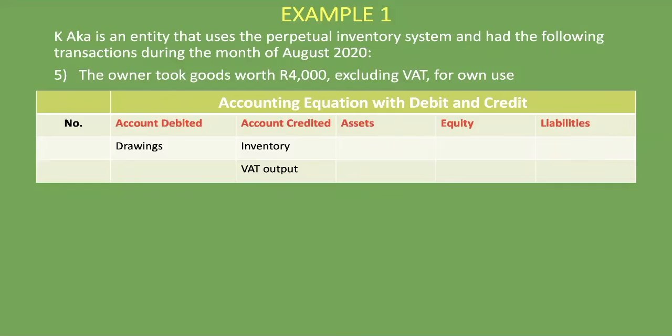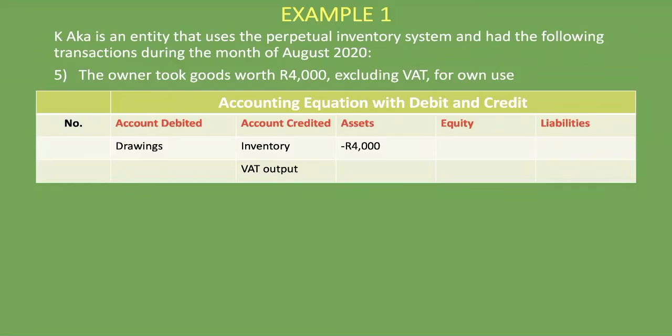So what are the amounts here? Well, remember, the amount for the inventory has to exclude VAT, and we're told that the owner took goods worth 4,000 rand, excluding VAT for own use. So we put the 4,000 rand as a negative on the asset side because it's decreasing our inventory. And then on the equity section for drawings, we have to put the amount including the VAT. And why is that?